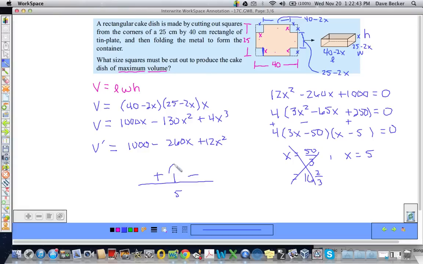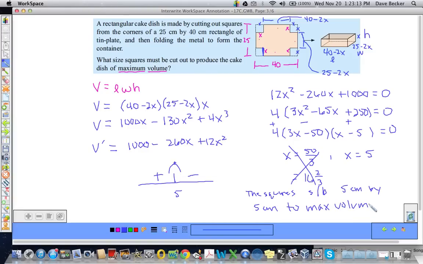And clearly, I have a local max at x equal to 5. So the answer would be, let's see, these squares should be 5 centimeters by 5 centimeters to maximize the volume.